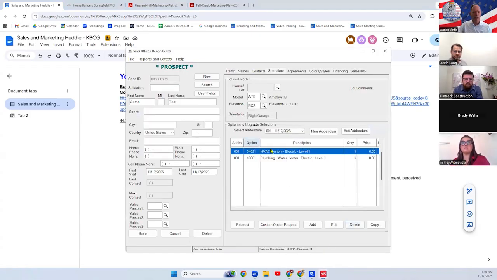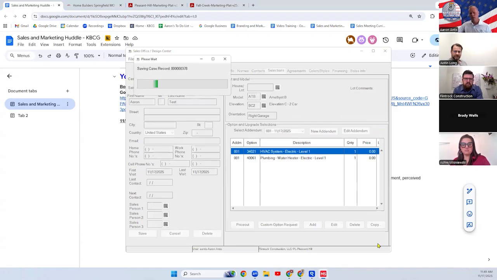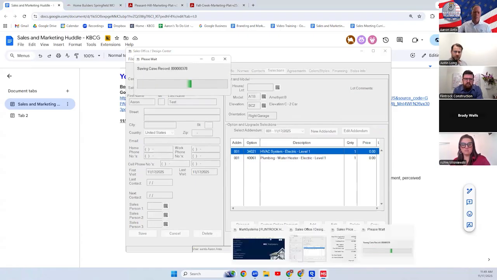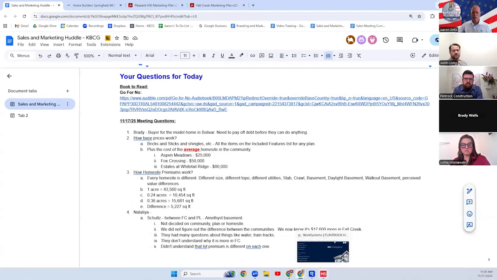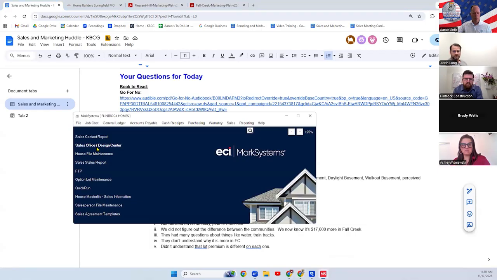So if I go into the system, right now I'm in Pleasant Hill, let me back out of Pleasant Hill and go back in to Fall Creek, let it close down, reopen Fall Creek.